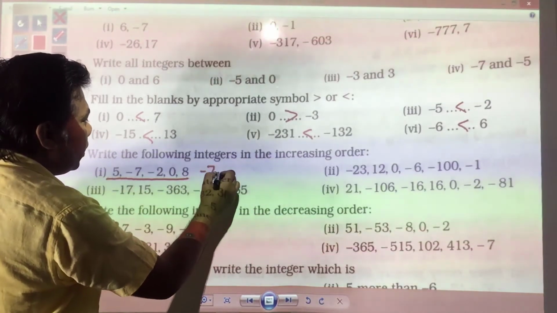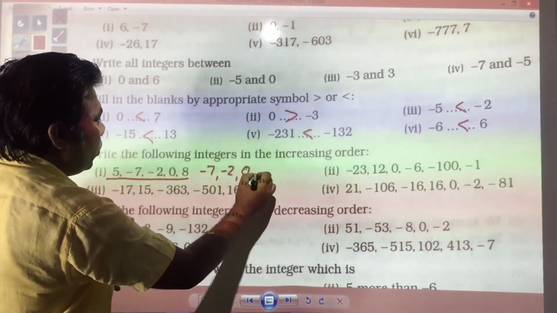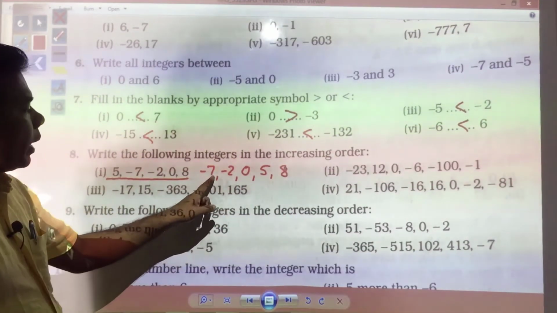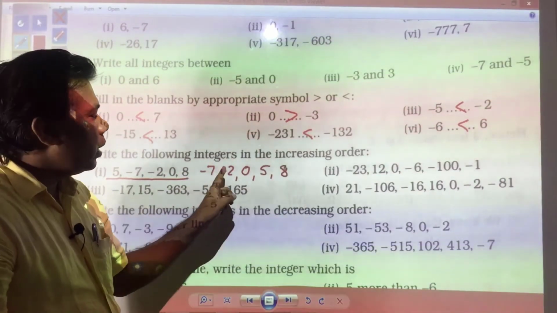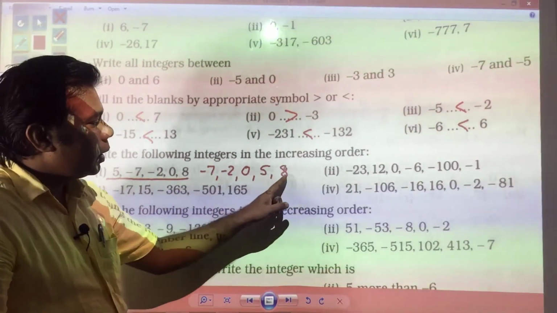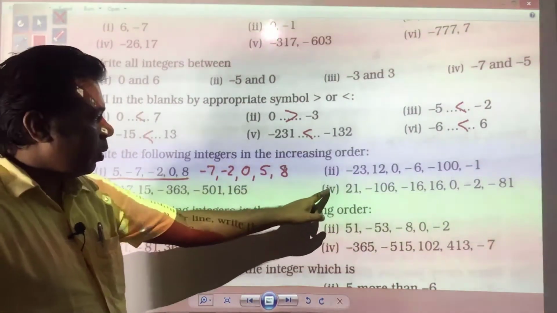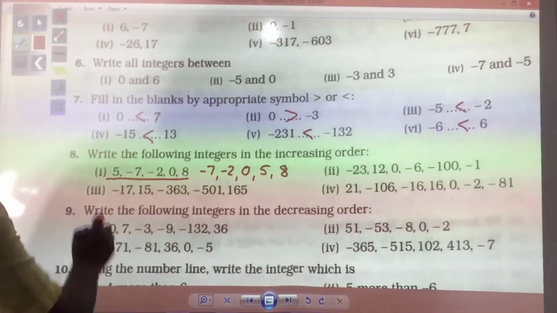So, minus 7, then minus 2, then 0, then 5 and then 8. So, minus 7, minus 2, 0, 5, 8 will be in increasing order. Smallest number is minus 7, greatest number is 8. In the same way these questions are required to be solved. I hope you will be able to do, and you must do. Next question you see.